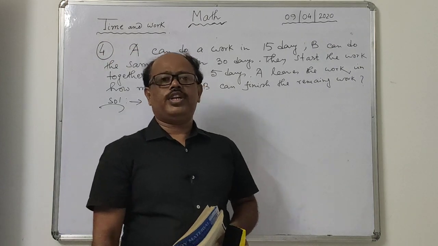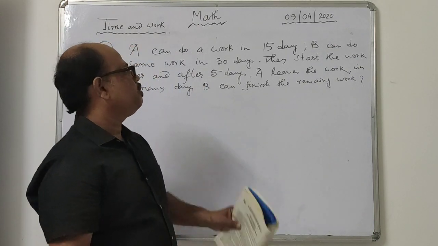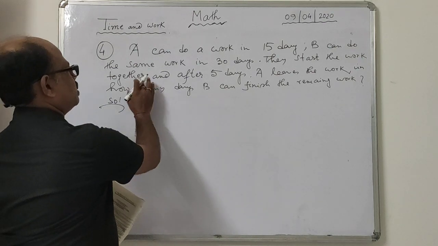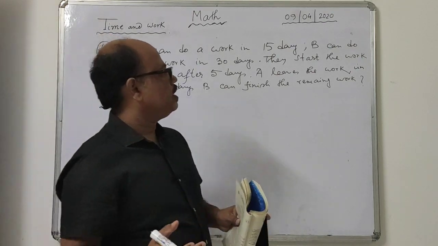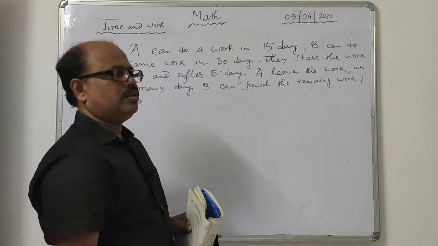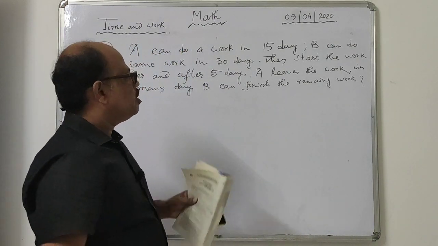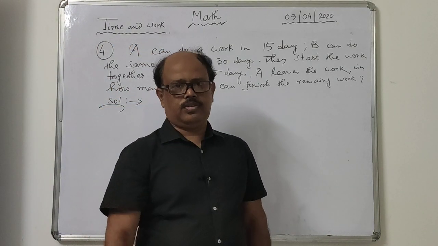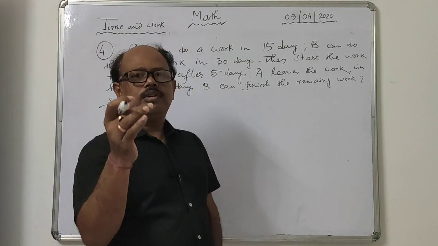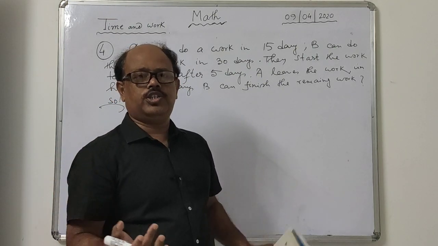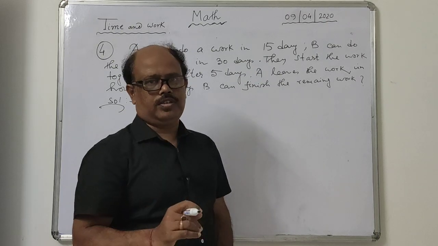We can finish the remaining work. Actually, they start the work together and after 5 days, A leaves the work. That means A and B both work for 5 days, okay? And B finishes the remaining work in an unknown number of days. Assume it is X days.